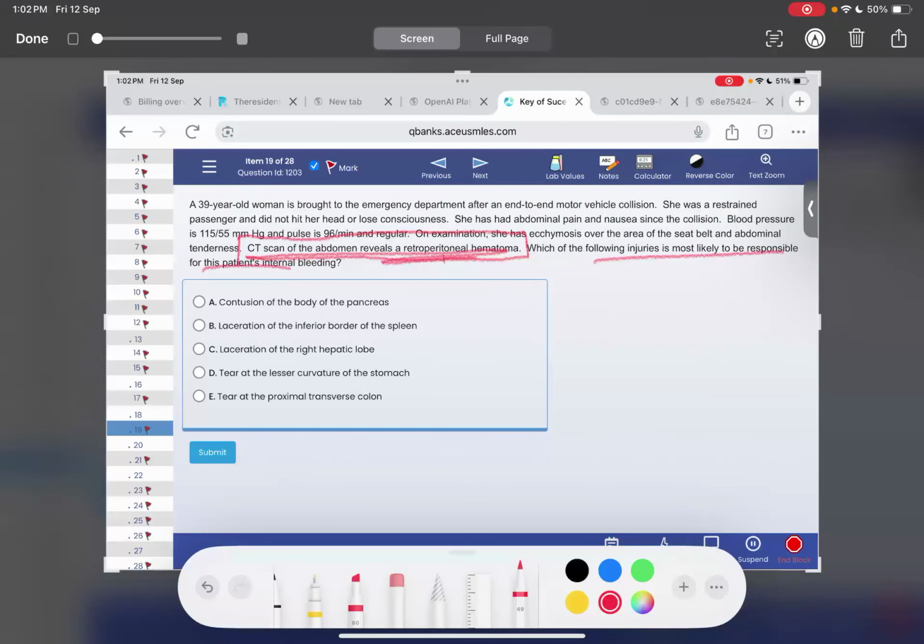So what are the structures that are present in the retroperitoneum? If an organ is covered by peritoneum only anteriorly, with no posterior peritoneum, it is called a retroperitoneal organ.